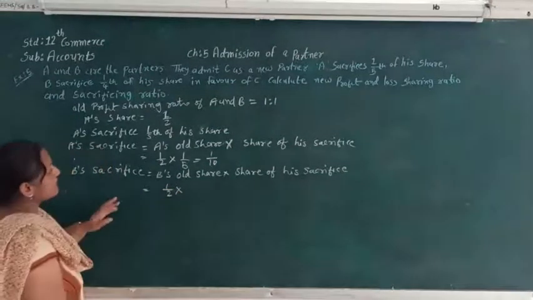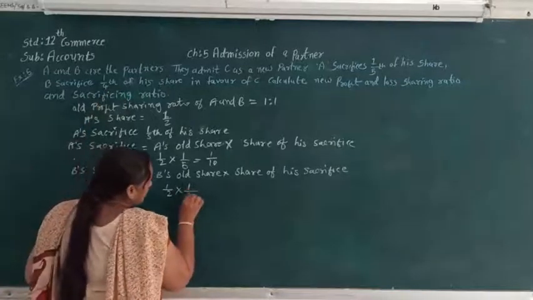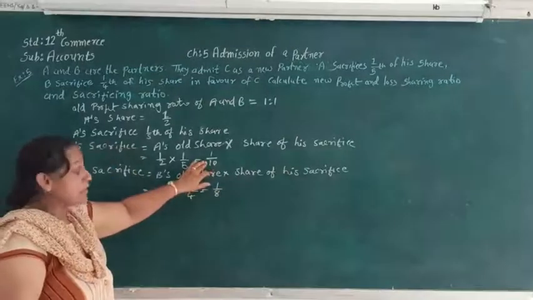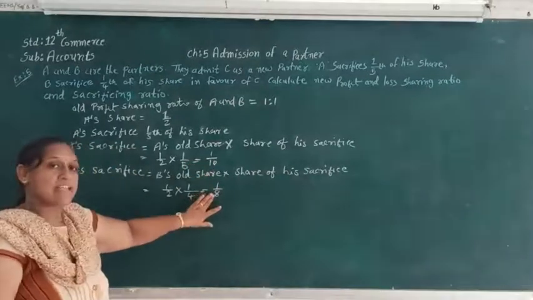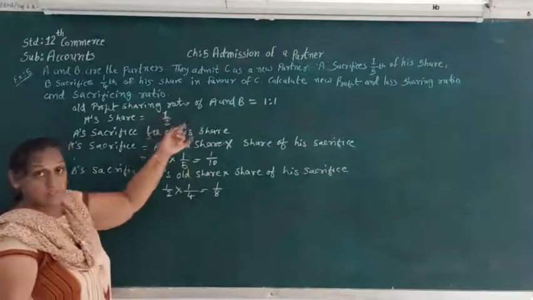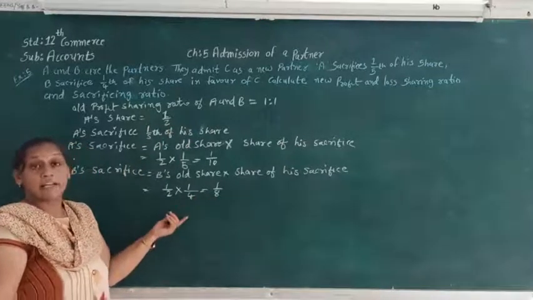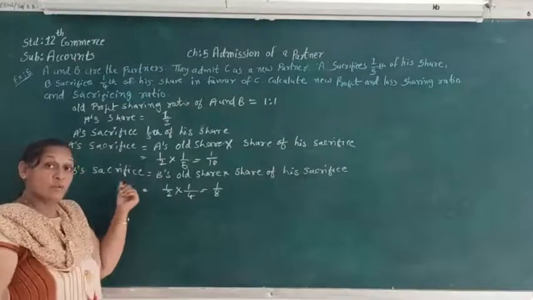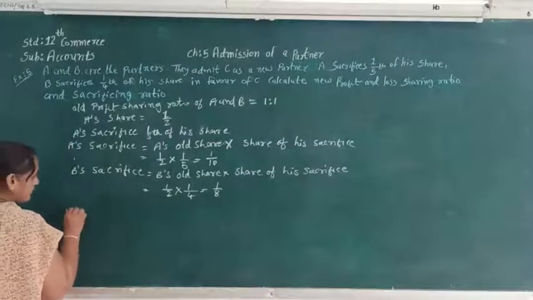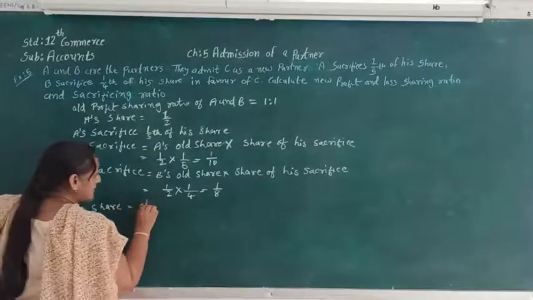And B's sacrifice is given here, that is 1/4. So here it will be 1/8. So A's sacrifice is 1/10 and B's sacrifice is 1/8. From that we have the old profit sharing ratio and even the sacrifice, so we are able to find A and B's new share. So the new share is equal to the old share minus the sacrifice.